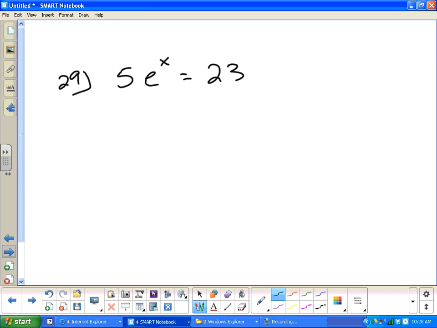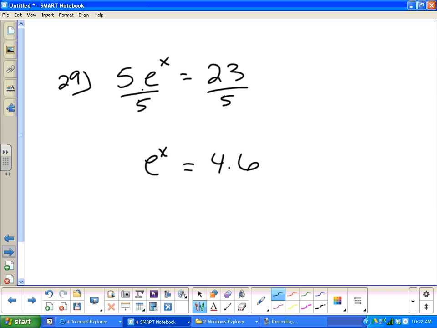This is the base right here, so we have to isolate the base, which means we need to get rid of the 5. Divide it off. e to the x equals 23 divided by 5, which will be 4.6.